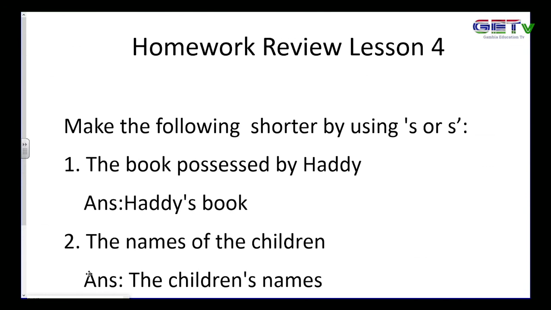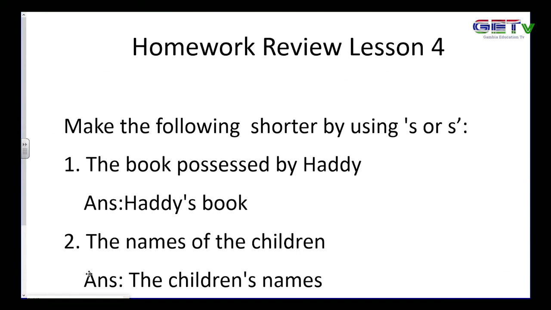Hadi's book. We say the book possessed by Hadi. To shorten it, we say Hadi's book. We are using the noun possessive here to show that the book belongs to Hadi. And the names also belong to who? The children.